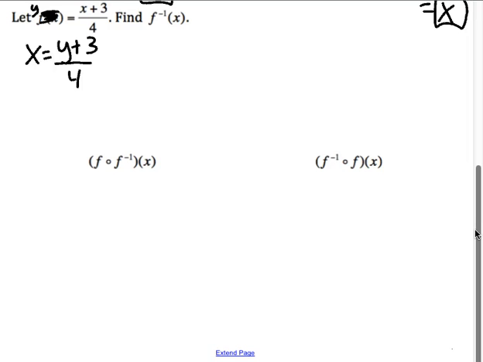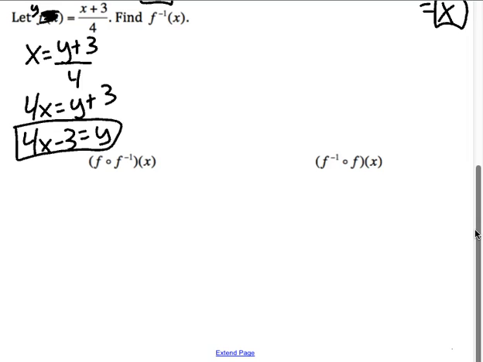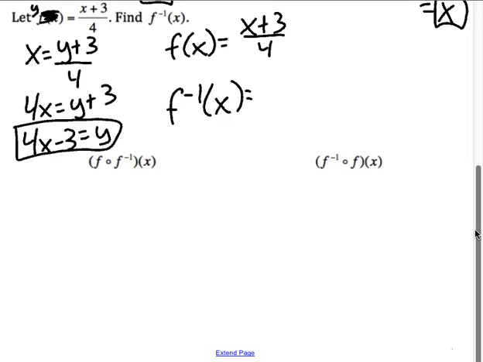And now I'm going to solve for y. So I'm going to multiply the x over and subtract 3. So my f of x is (x plus 3) over 4. That was my original function. My inverse is going to be 4x minus 3.